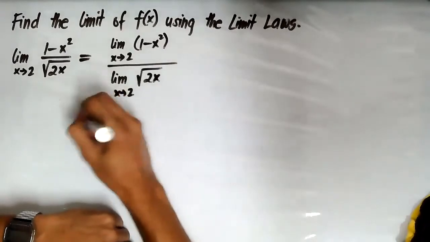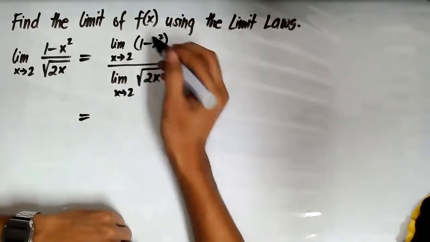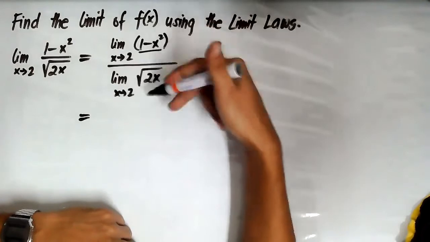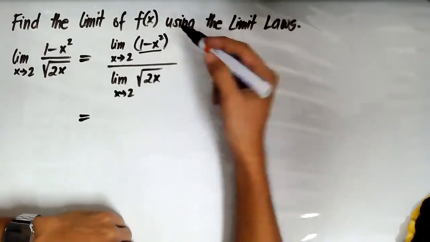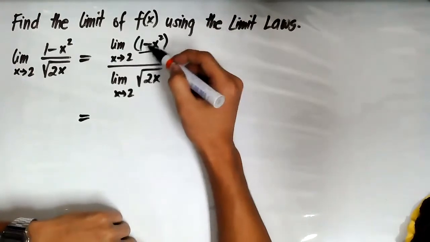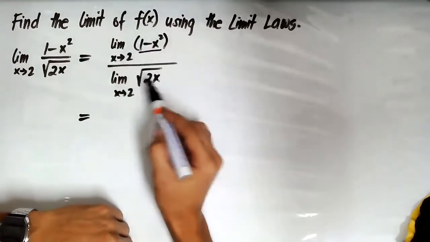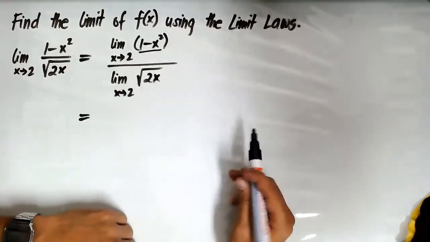Now, how can we simplify this? As you can see in the numerator of this rational form, you can apply the sum and difference of two terms here. And in your denominator, you can basically apply the root of a function.